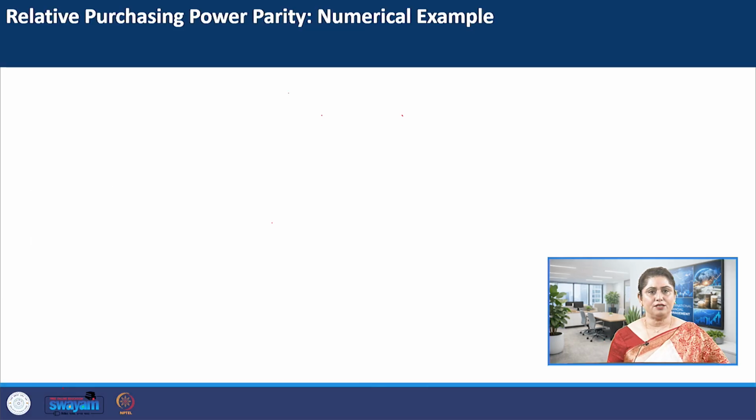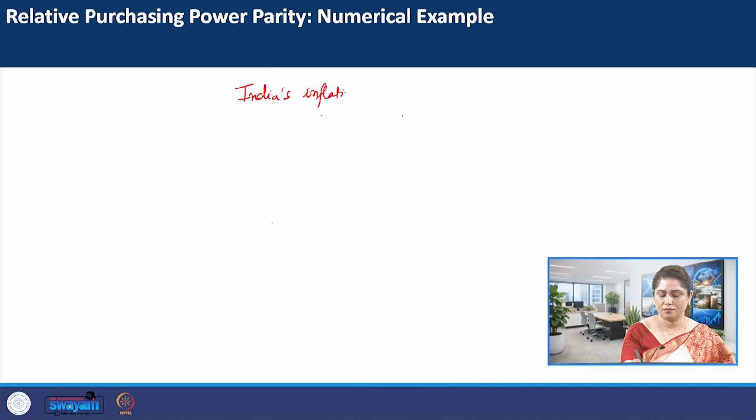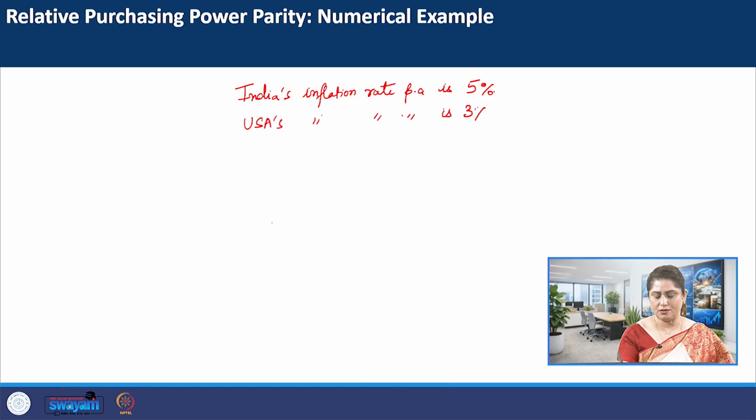Now, I will explain you relative purchasing power parity with help of a numerical example. Now, let us consider a scenario in which India's inflation rate per annum is 5% and that USA's inflation rate per annum is 3%.